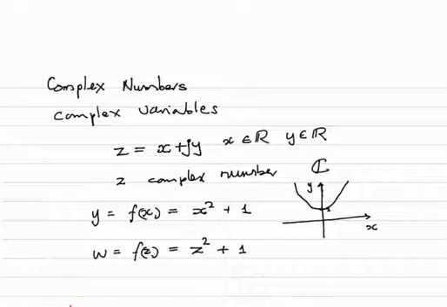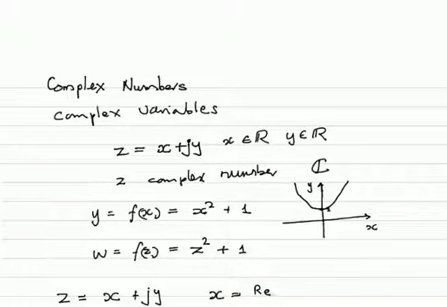Now what we need to know, like I've shown before, is the structure of a complex number. z equals x plus jy, and remember, x is called the real part.